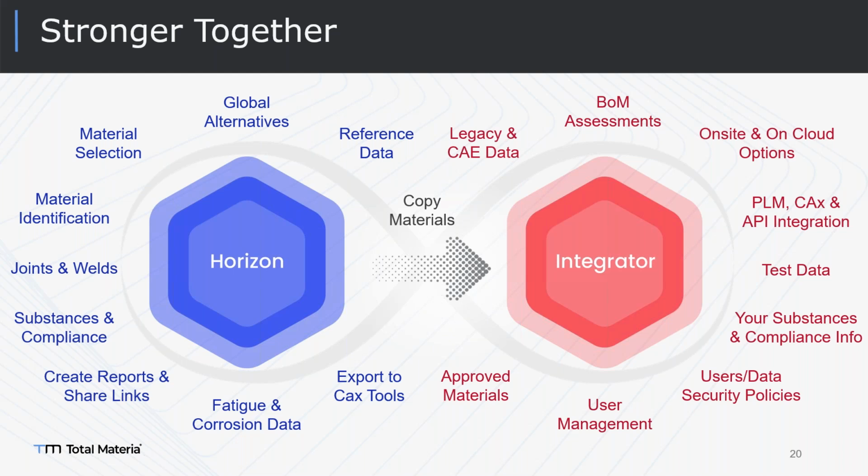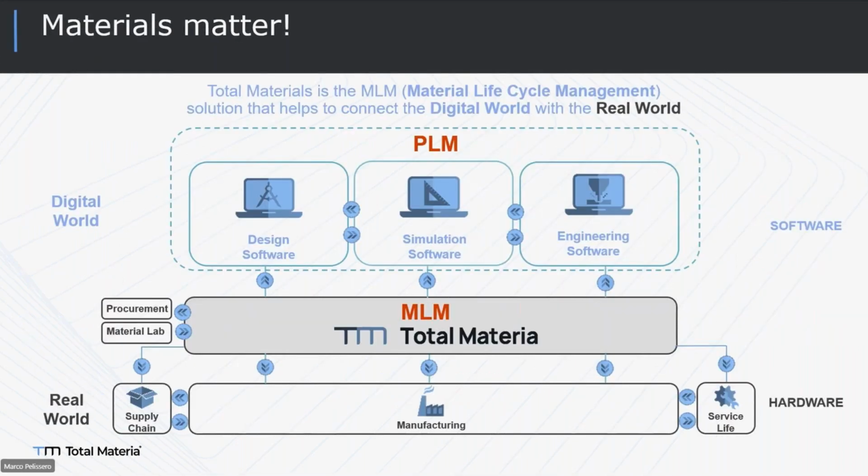is secure with Integrator. This is, simply and briefly, how it is working. You have a material laboratory and procurement that can talk to each other, and Total Materia MLM, which is Material Lifecycle Management.